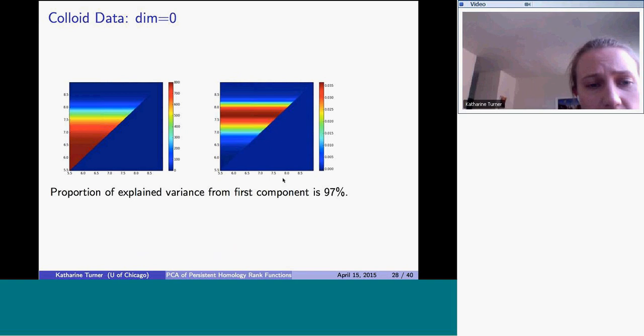Okay, H0. Here are some pictures: the average is one, and the first principal component is the second. The proportion of explained variance is ridiculously high.